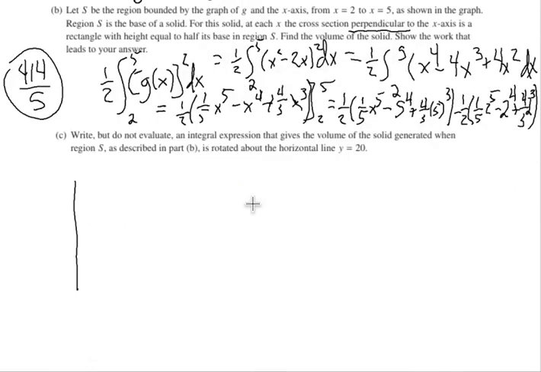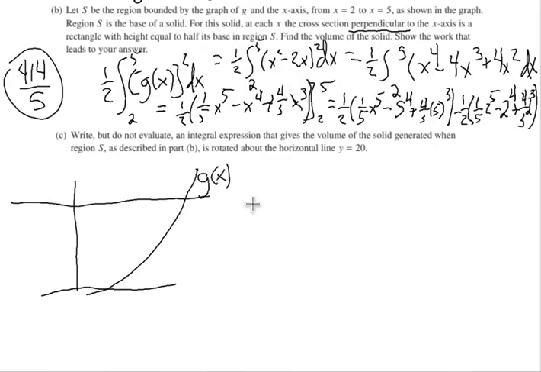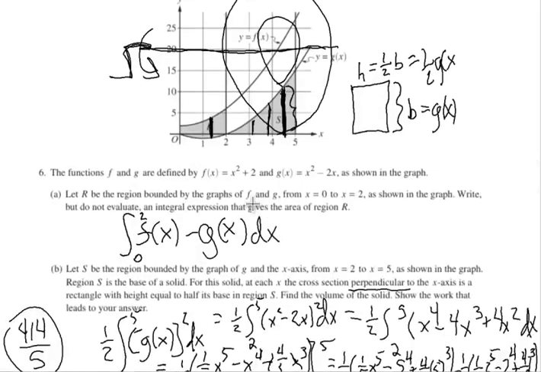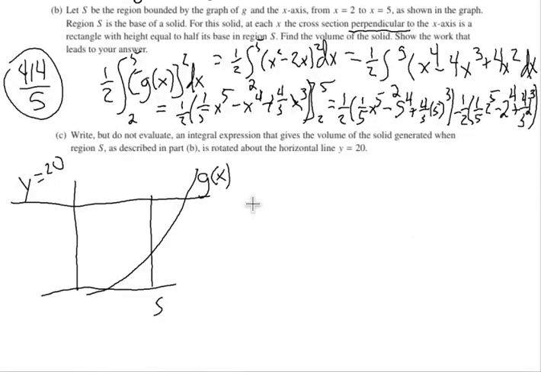Okay, so I'm going to redraw the region down here, sort of. Okay, so we have the graph of g and the line y equals 20, and the vertical line x equals 5. So this is S. Now the slice goes right here, so this is our inner radius, and then our outer radius is going to go all the way down.